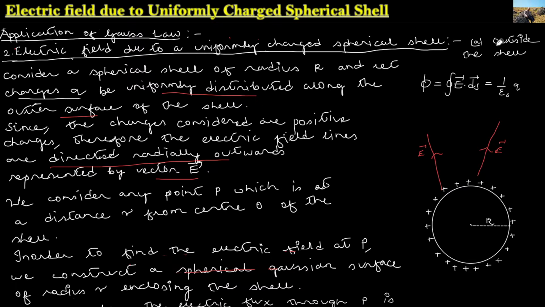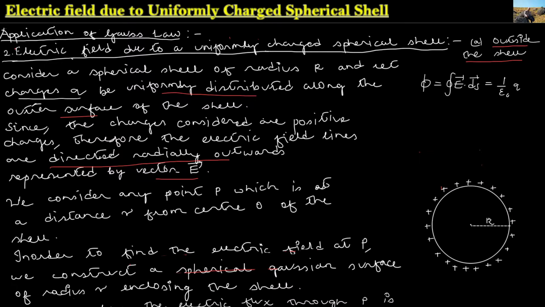Number 1, for a point which is outside the shell. When I say outside the shell, that means it is beyond those positive charges. And there will be another point which is inside.